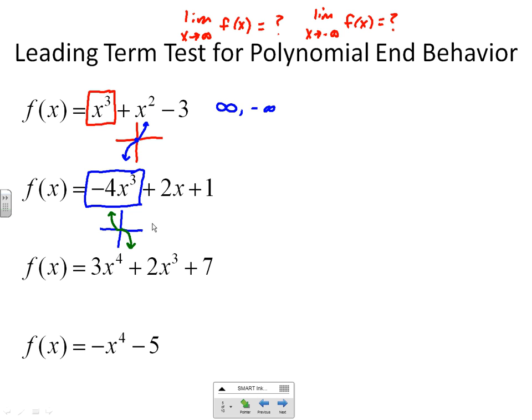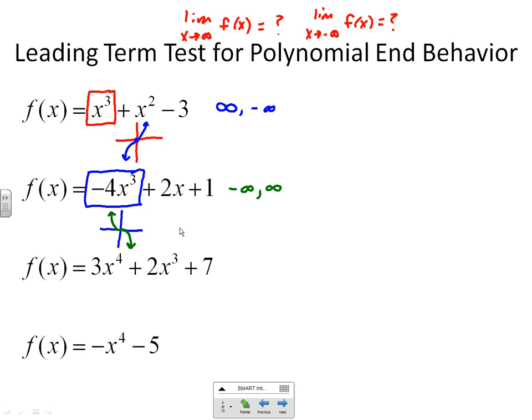Okay, this is just the end behavior. Other things are going on because I have this plus 2x and this plus 1, but just so I know what my end behavior is, I can look at this graph. So as I approach positive infinity, I'm going down towards negative infinity for y. As I go to the left as x goes to negative infinity, I'm going up on my graph to positive infinity.